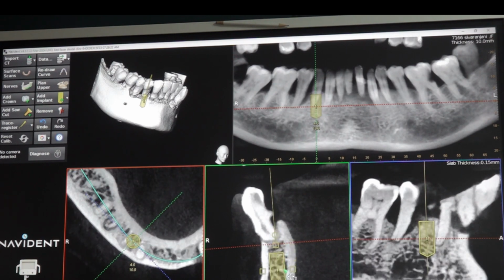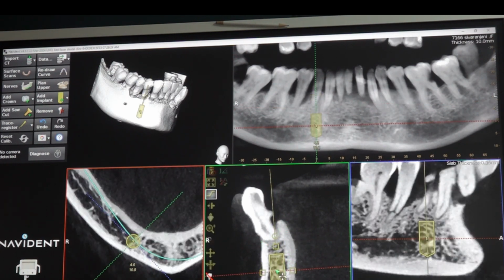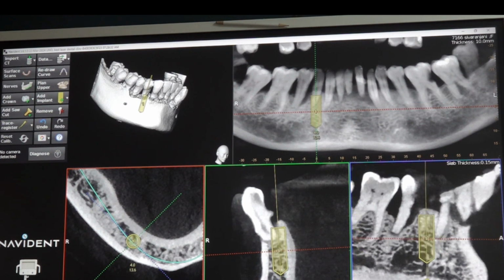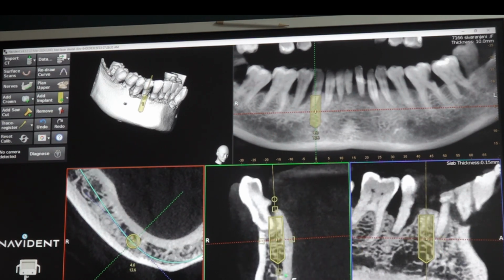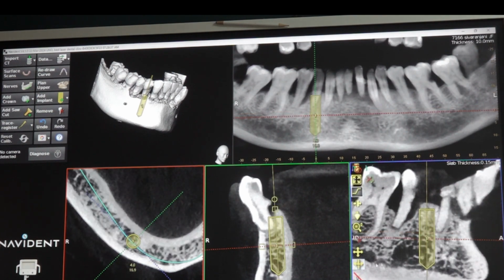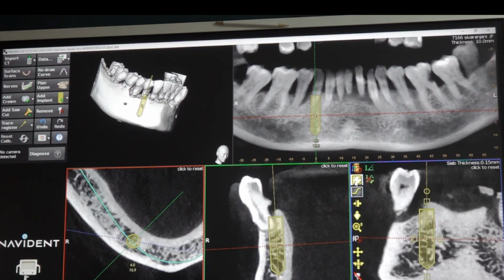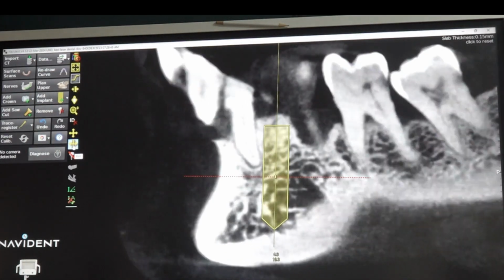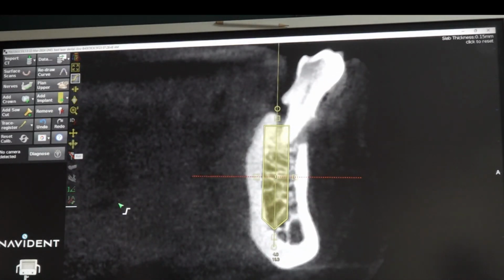You can see comparatively the lingual bone is at a higher level, because the buccal bone is thin, it resorbs much faster than around 13 or 14 we can choose. We will see the 360 degree. If you look closely, here you can see the incisive canal.